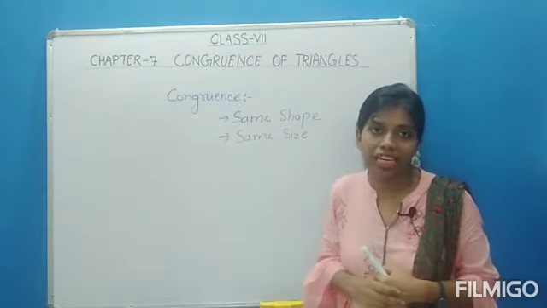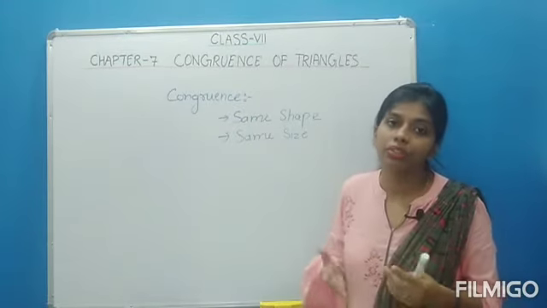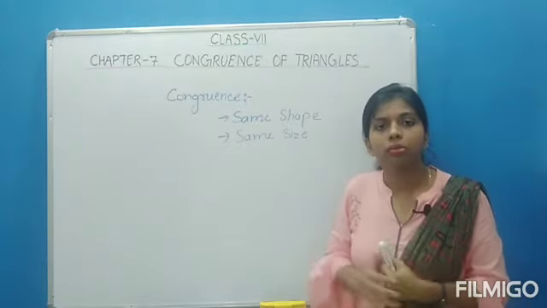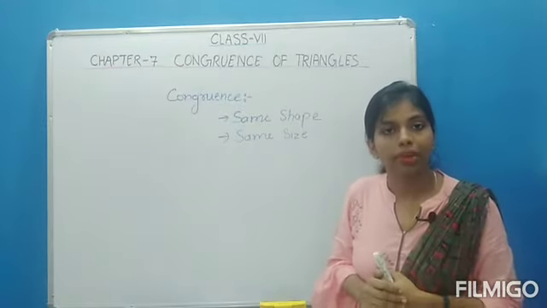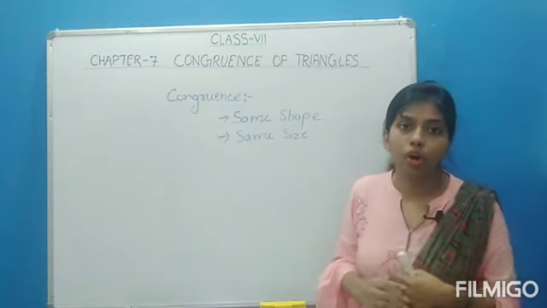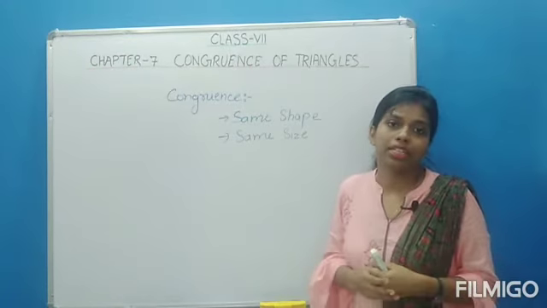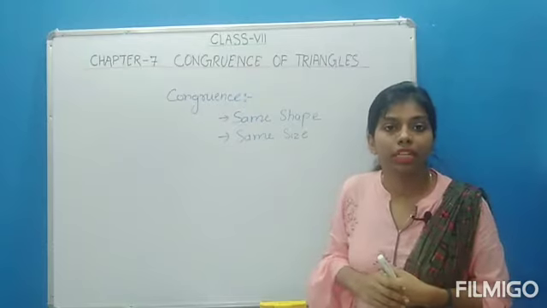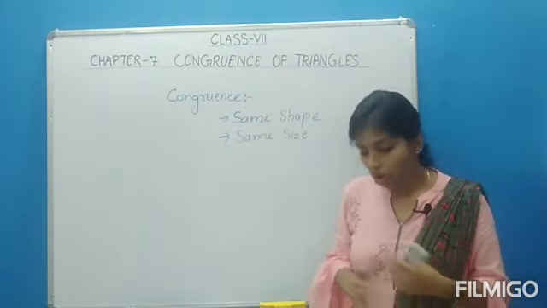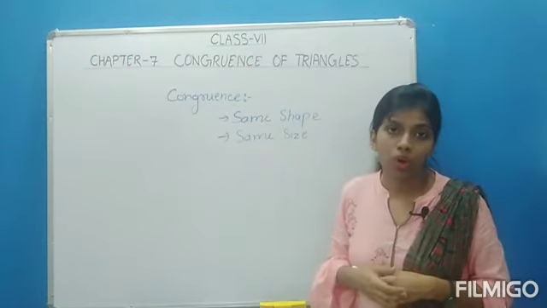In simple words, if two figures overlap each other, then we call them congruent figures. We have lots of congruent figure examples, like every page of your book. In your math book, all the pages are congruent to each other because each page overlaps another. They have exactly the same shape and same size. We have lots of examples of congruence in our day-to-day life.